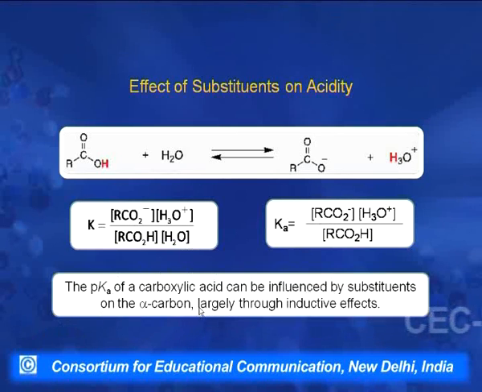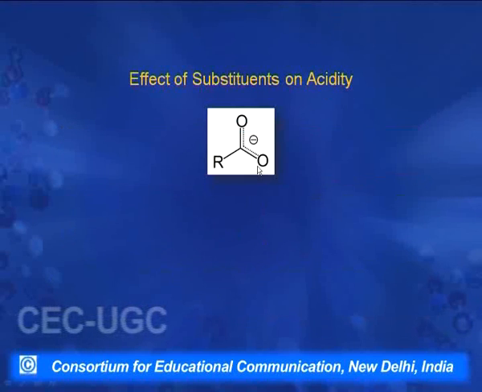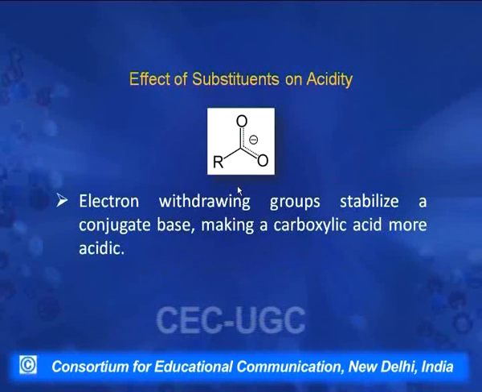The pKa of a carboxylic acid can be influenced by substituents on the alpha carbon, largely through the inductive effect and sometimes through the resonance effect also. Means what will be affecting the stability of this carboxylate anion? Only this R group. So what type of substituents are here that will affect the Ka value? Let us compare. This is a carboxylate anion.